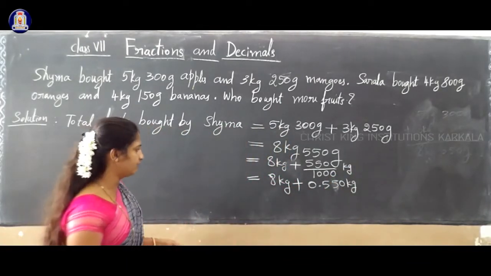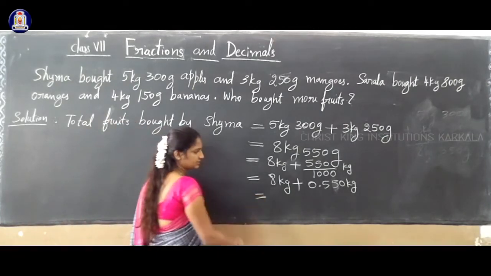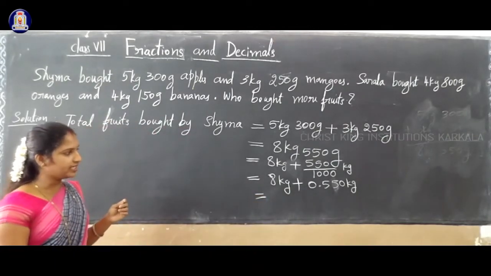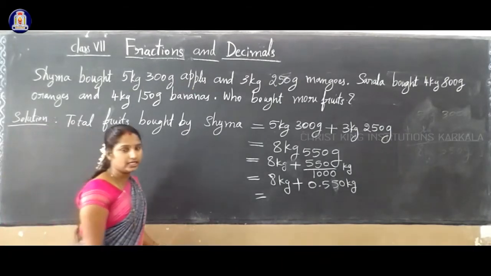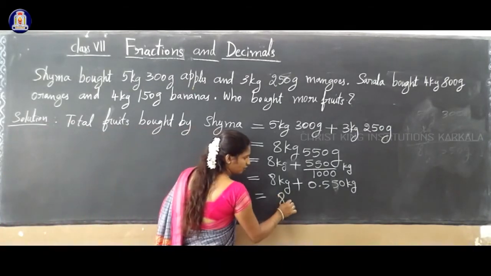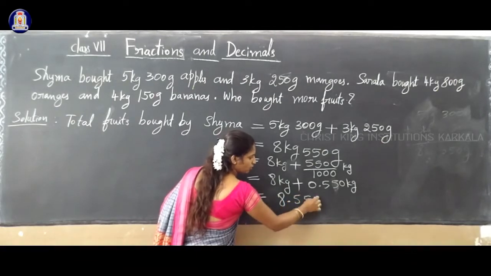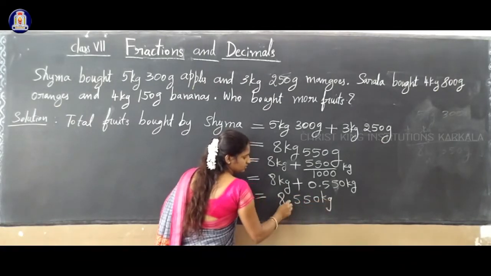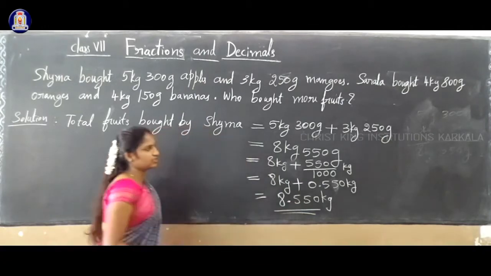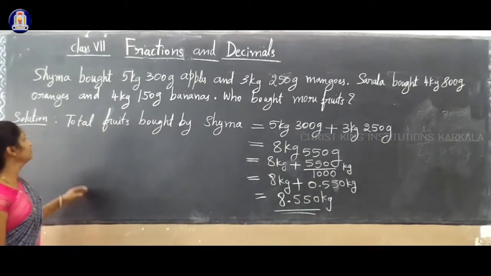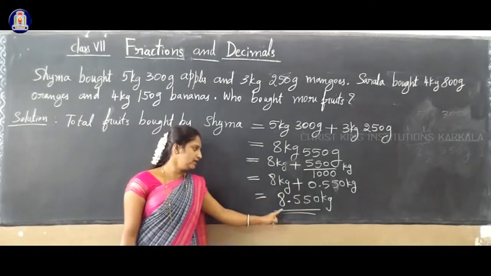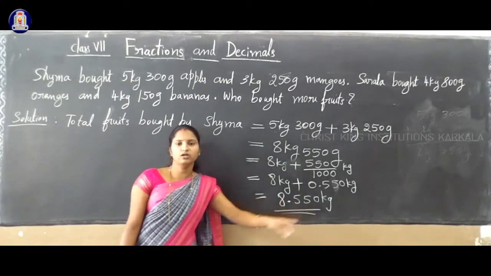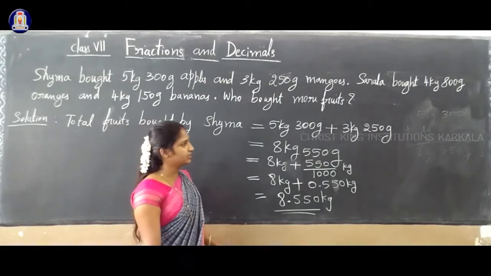Now if you add, we get 8 kg plus 0.550 kg, that answer is 8.550 kg. Clear? 8.550 kg. So this is what total fruits bought by Shaima. So answer 8.550 kg.